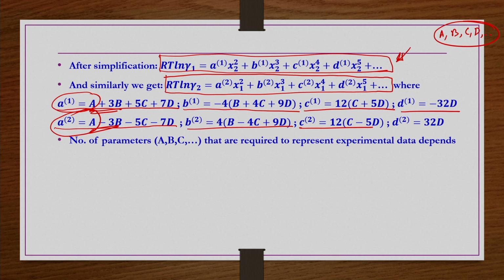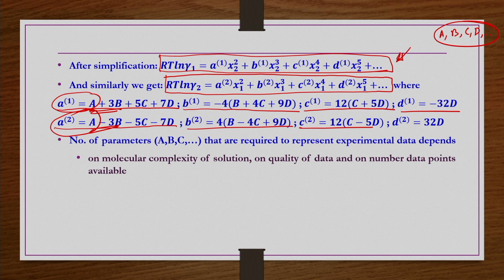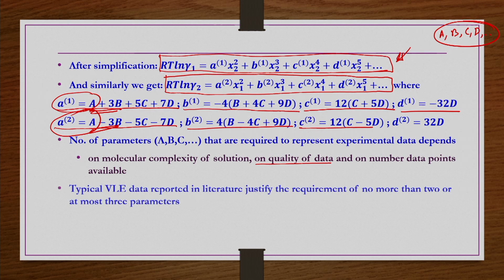The number of parameters, that is A, B, C, D, etc., required to represent experimental data depends on the molecular complexity of the solution, the nature of the components forming the liquid solution, the quality of the data, and the number of data points available. You need a sufficiently large number of reliable data points in order to include more of these parameters or constants A, B, C, D, etc.